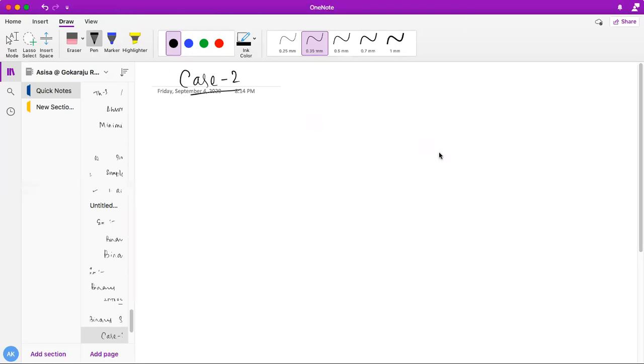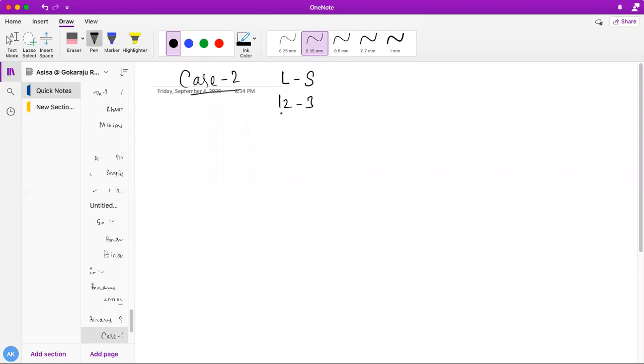Okay, so case 2, let's say I'll be having a number. I'm going to subtract a smaller number from a larger number. So case 2 is smaller number from larger number. So obviously I'll take another example over here. Let's say I'm taking the same kind of example, 12 minus 3.